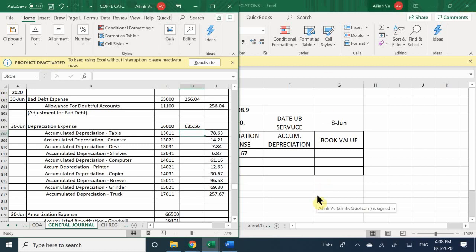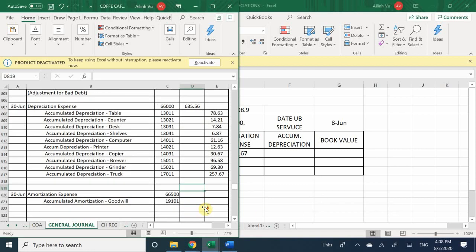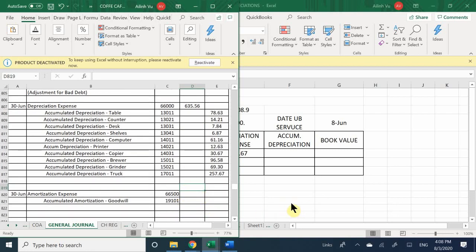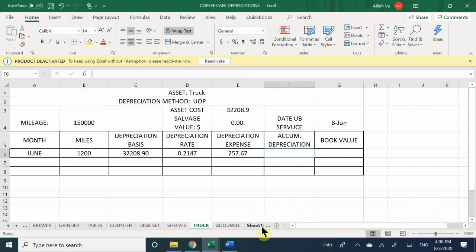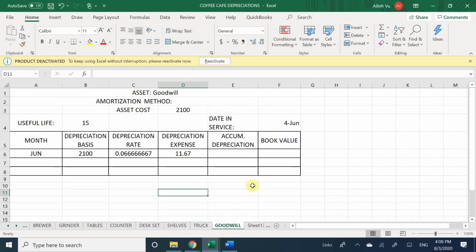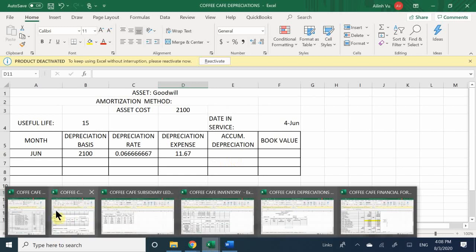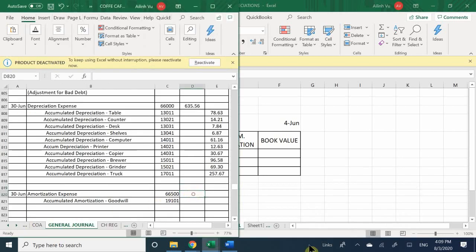Yes. Okay. And then also do your amortization, might as well because you've already solved for it. Goodwill is $11.67.